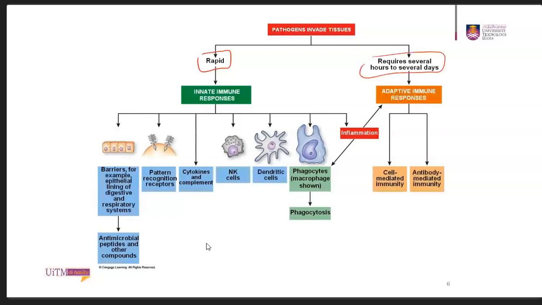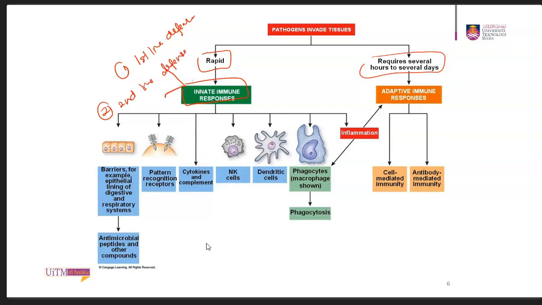Okay, so when a pathogen tries to enter into your body, it will encounter the innate immune response. The innate immune response has the first line defense, and then you have the second line defense.